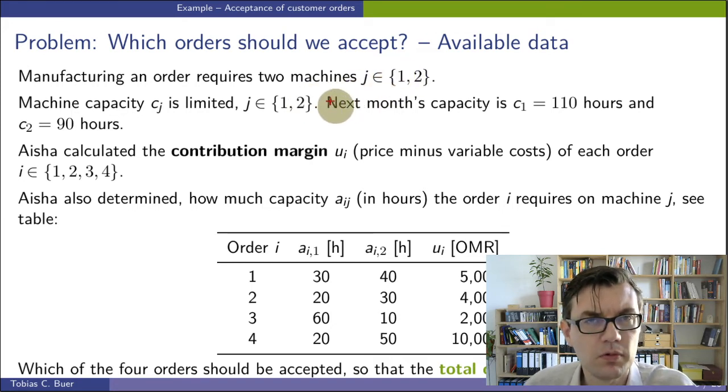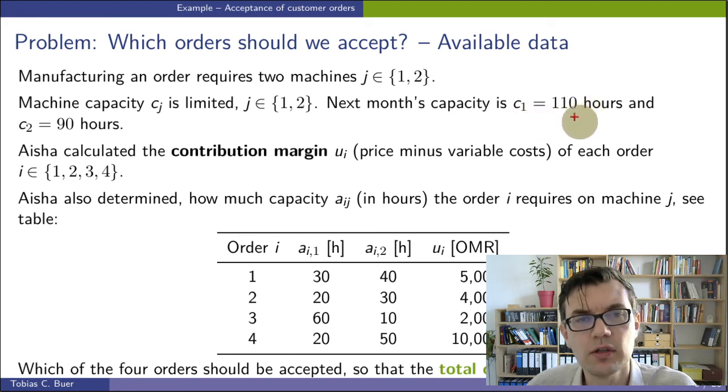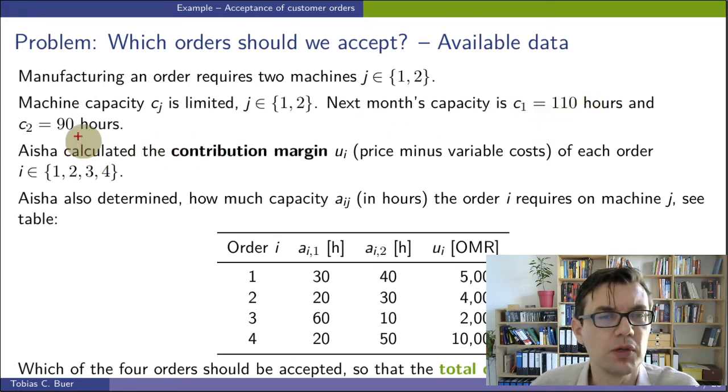For the next months, where we want to produce the orders, the capacity of machine number 1 is 110 hours, and the capacity of machine number 2 is 90 hours.